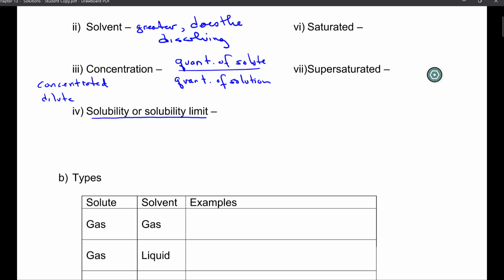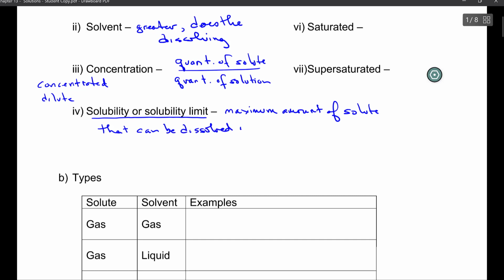So the solubility limit is the maximum amount of solute that can be dissolved in a solution and still be stable. I'll explain that in a second. Okay, so what does that mean? It means it won't precipitate. It means stuff doesn't come out of solution.